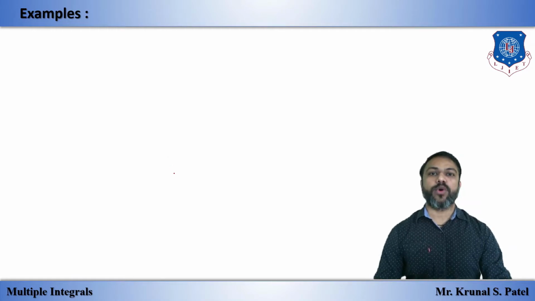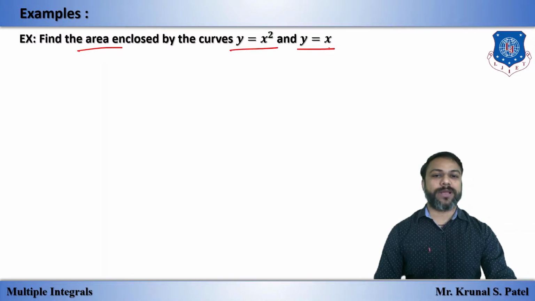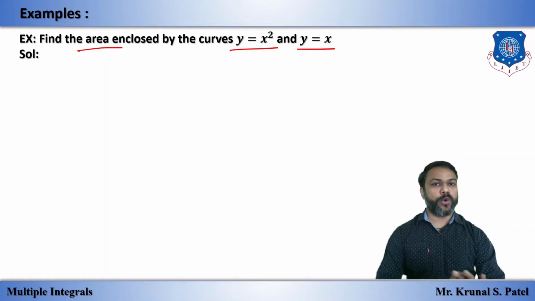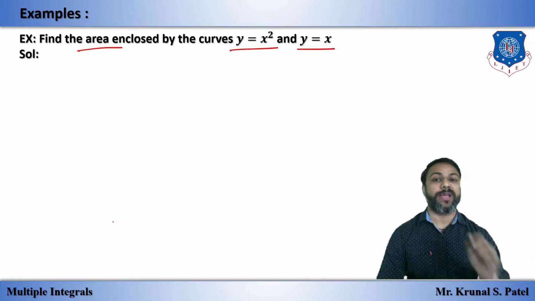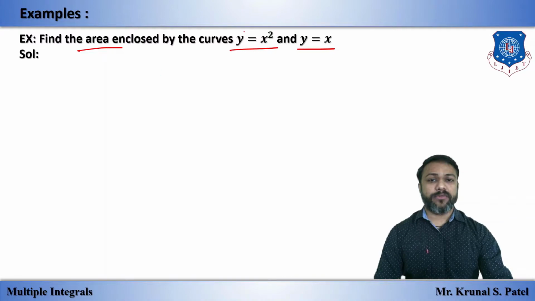Let's have a look at the first example. Find the area enclosed by the curves y is equal to x squared and y is equal to x. It is a simple question. No integration or anything else is given; you have to decide by yourself which formula to use. For that we need to identify the same basic concept.